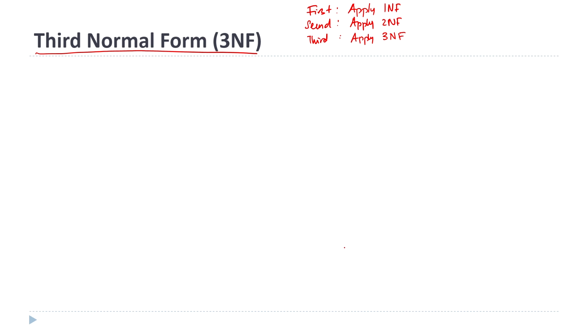So, third normal form, the goal or aim, what do we gain by doing a third normal form? The goal is to remove transitive dependencies. Second normal form was to make sure of the functional dependency, here you are trying to remove transitive dependencies.